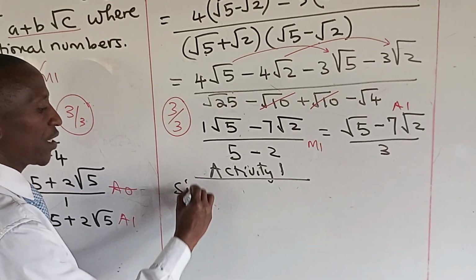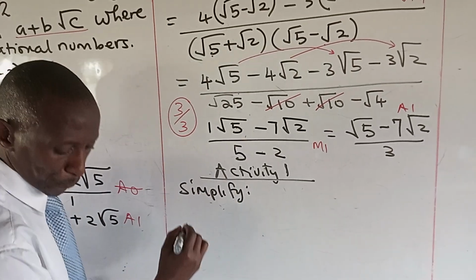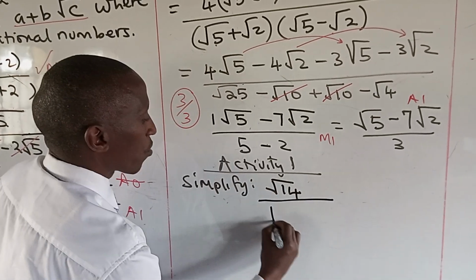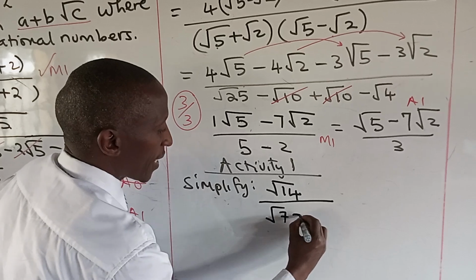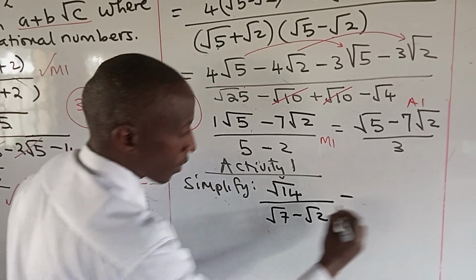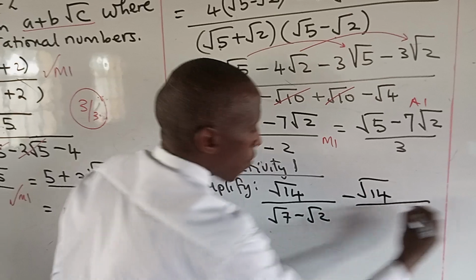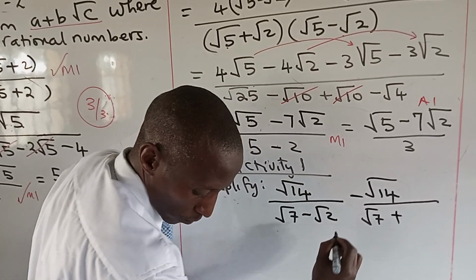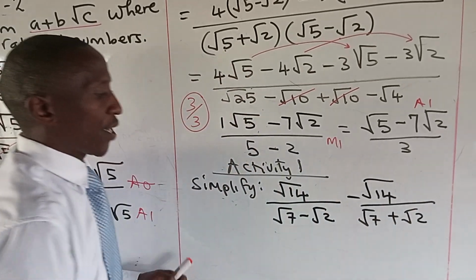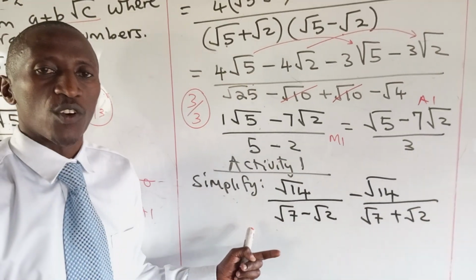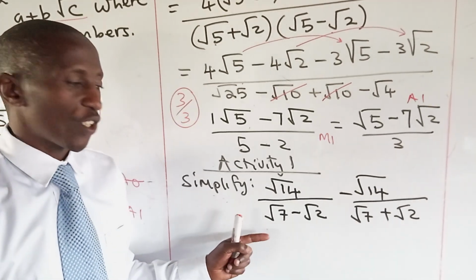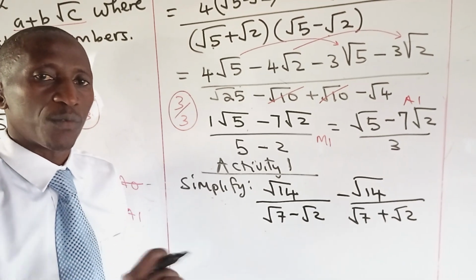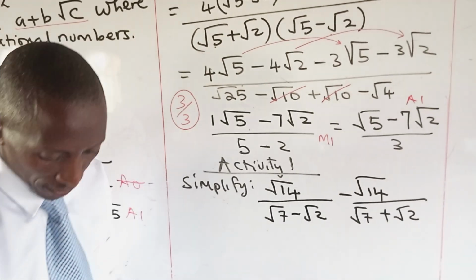You are requested to simplify root 14 all over root 7 minus root 2, subtract root 14 all over root 7 plus root 2. So we work out this, note it down in your notebook. We shall work it out during the live session, and then we shall have members who are live in this lesson report, or still you'll be able to put it as a comment.